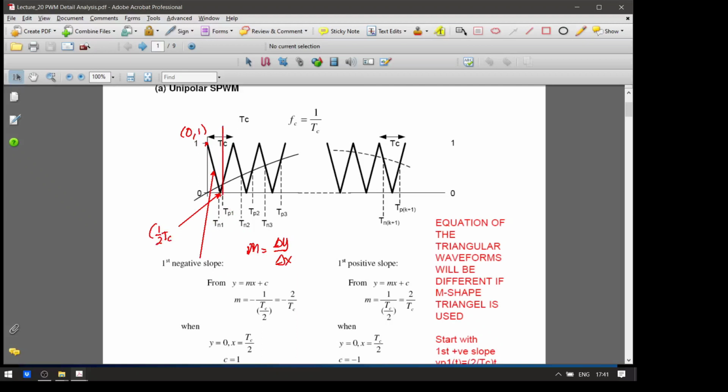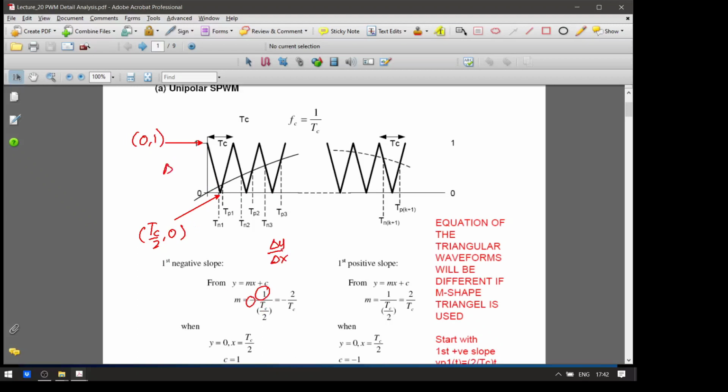So that point has coordinates (TC over 2, 0), and the other is (0, 1). So the slope is delta y over delta x, which is minus 1 divided by TC over 2.